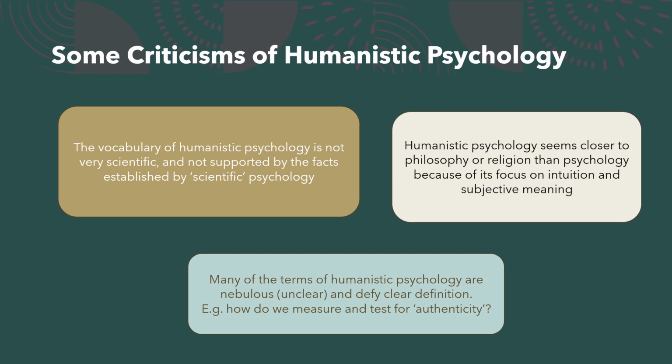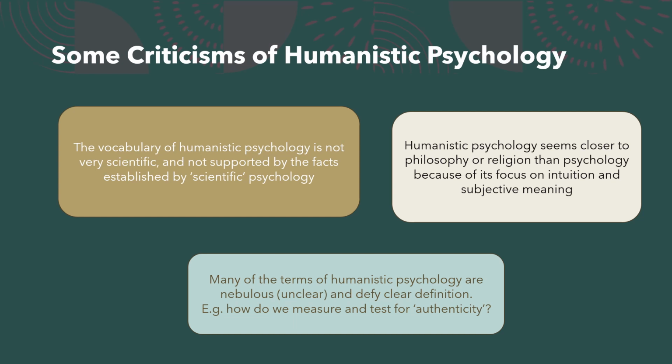And it seems often closer to philosophy or religion than psychology because of its focus on intuition and subjective meaning. So there's something non-scientific about humanistic psychology. It doesn't really have a scientific method. And it's focused on subjective things like intuition, which are hard to measure.